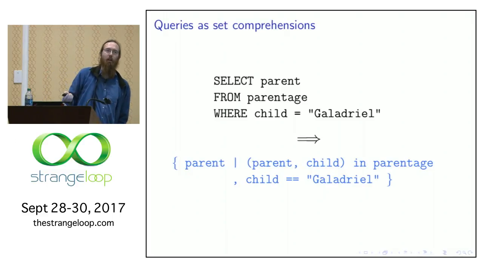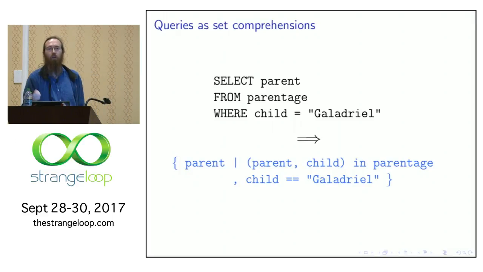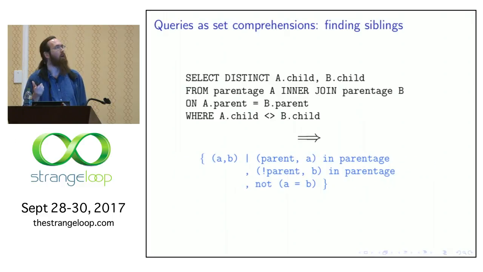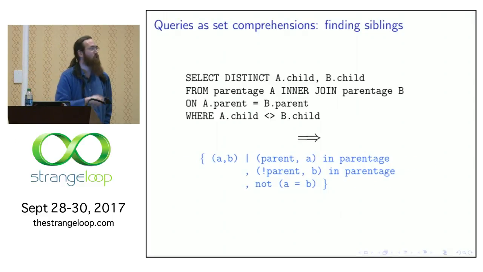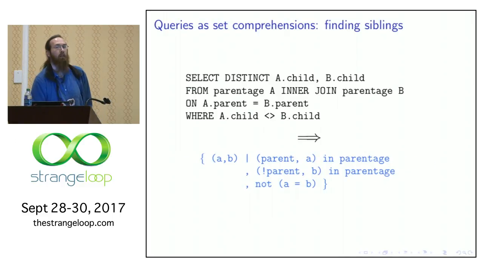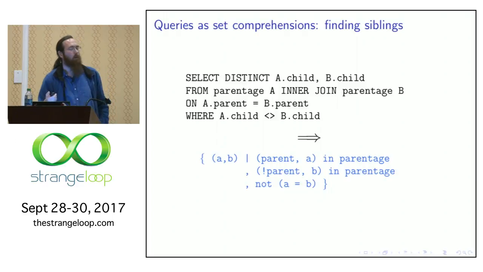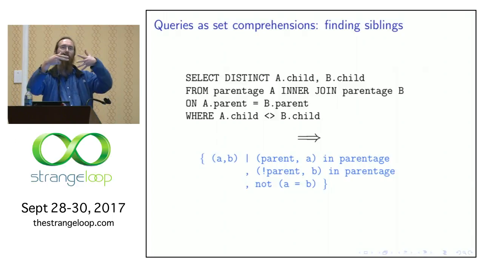So to give another example to show that you can do some more non-trivial things, let's consider trying to find siblings. So here's the SQL for finding siblings, and it's a bit noisy to me, but it says, let's find two distinct children, right, who have the same parent, right? We join our parentage table on itself, find two rows in it which share a parent but have distinct children. Great.